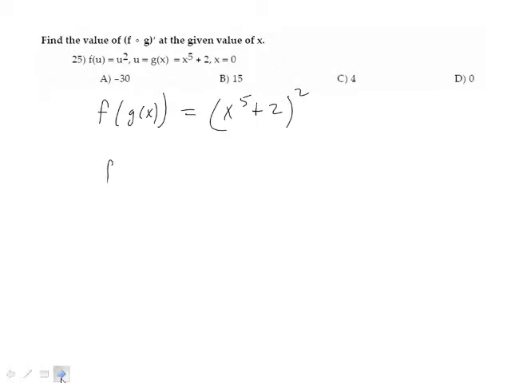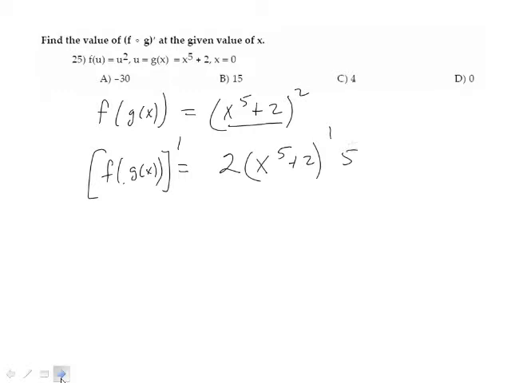So the derivative of f of g of x is going to be 2 times x to the 5th plus 2 to the 1st power times 5x to the fourth, chain rule.